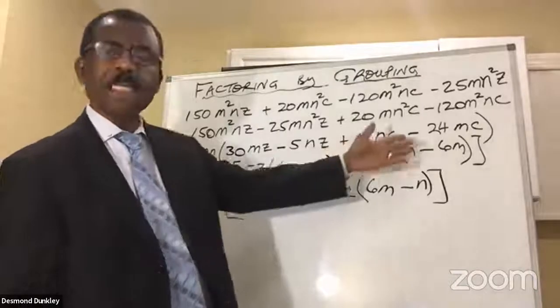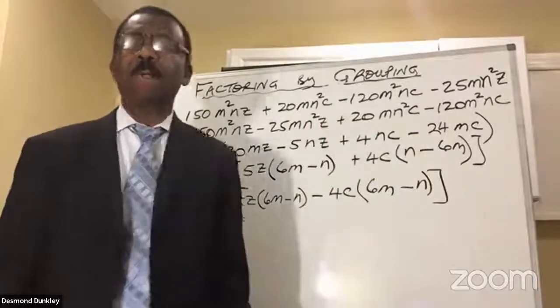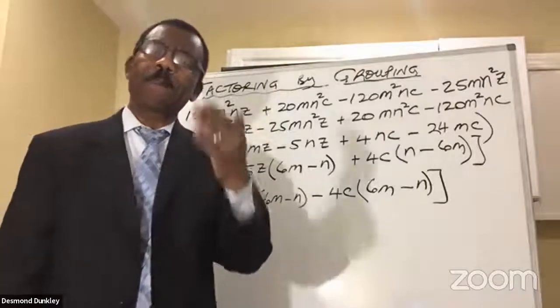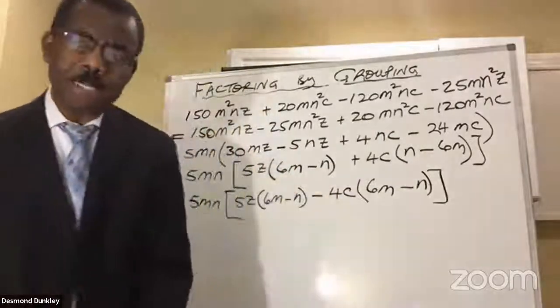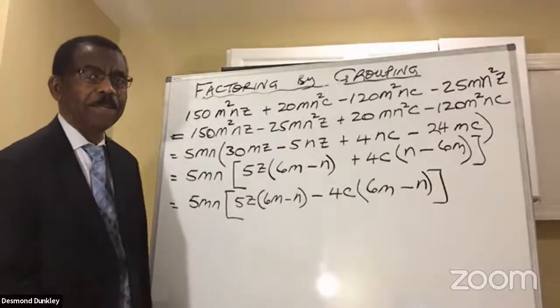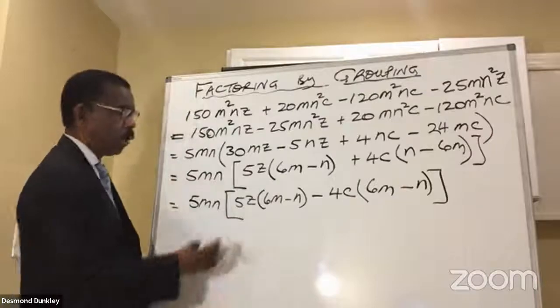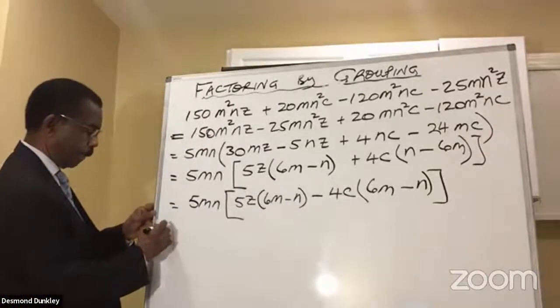I know I wrote it as NC. NC and CN are the same, but it's proper to write it as CN because of the alphabetical order. It's not a crime, it's correct, but it's not proper. So now these two are identical, so we can finish the job.